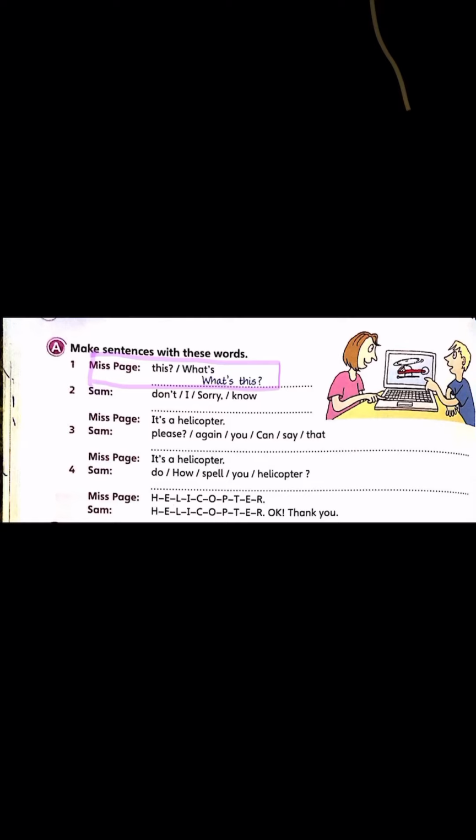Okay, now you're going to do the same for number 2, 3, and 4. You start with a capital letter that must be in the first word in your question or your answer, okay? Take your time. If you have finished, we can correct. Let's do it.